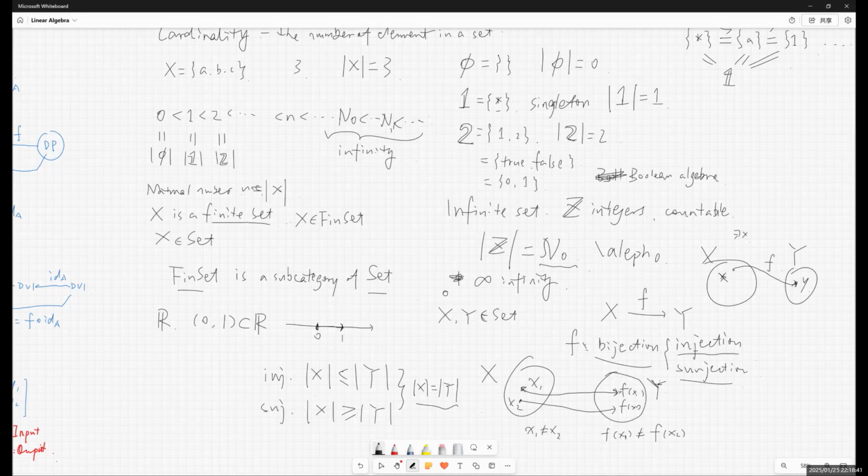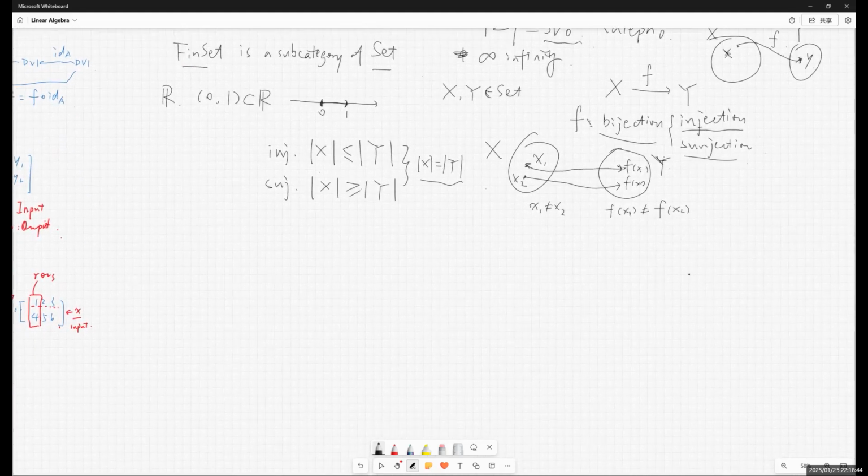Good. If we have the same cardinality, we have a bijection. And bijection is essentially the isomorphism between the two sets.